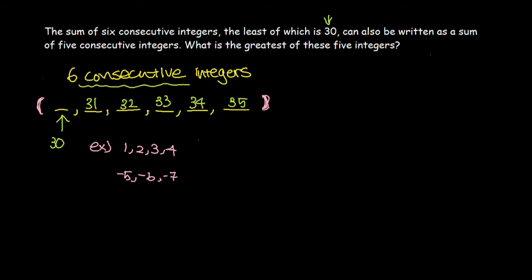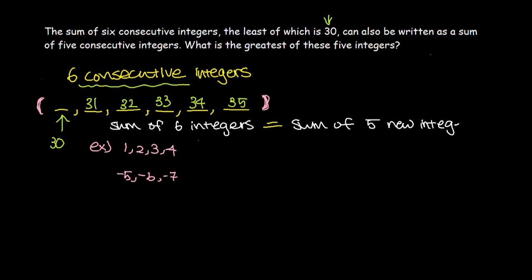So we already got one part of the question done. Let's look at the second part. It says that this can also be written as a sum of 5 consecutive integers. So the problem is saying the sum of these 6 integers is going to be equal to the sum of 5 new integers.